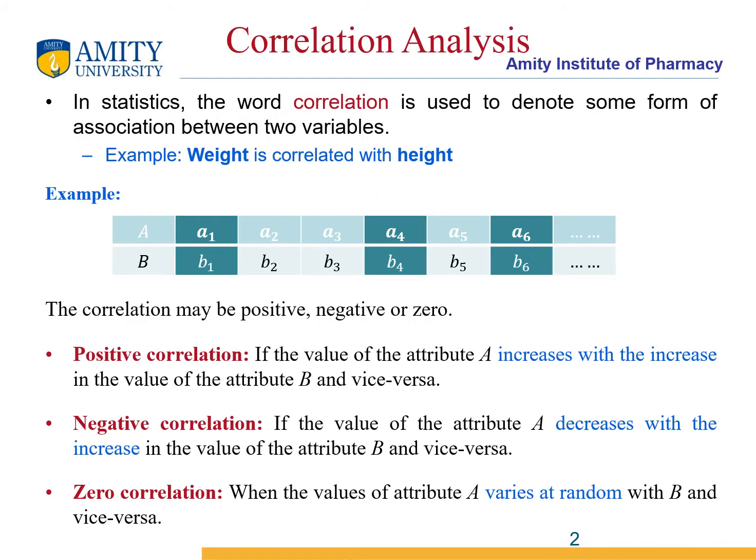So if we talk about correlation analysis, as the word correlation suggests, it is the relation between two different variables, and by correlation, we analyze the association between the two variables. For example, weight is correlated with height.